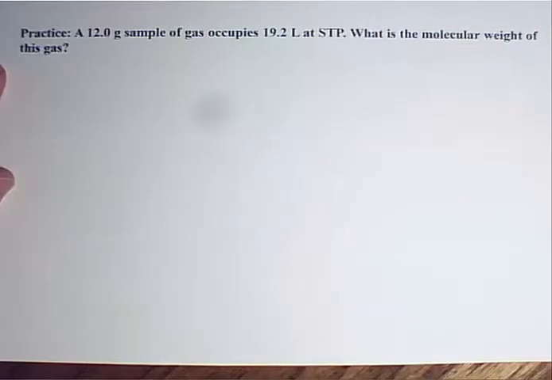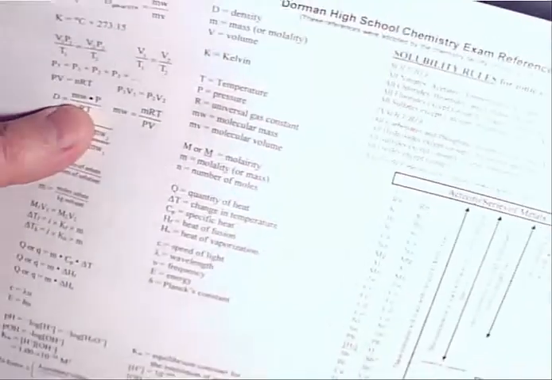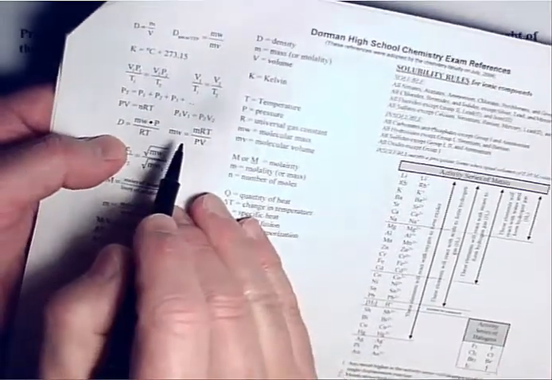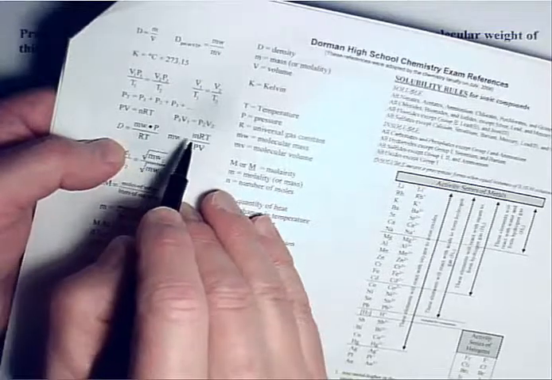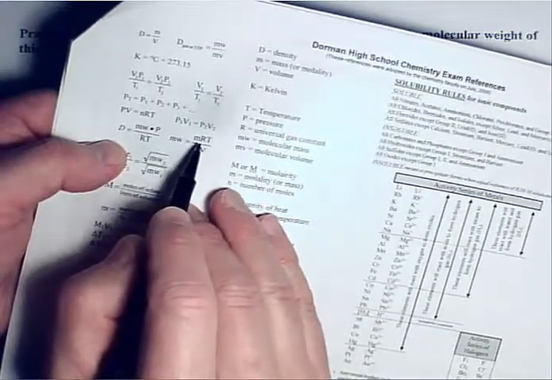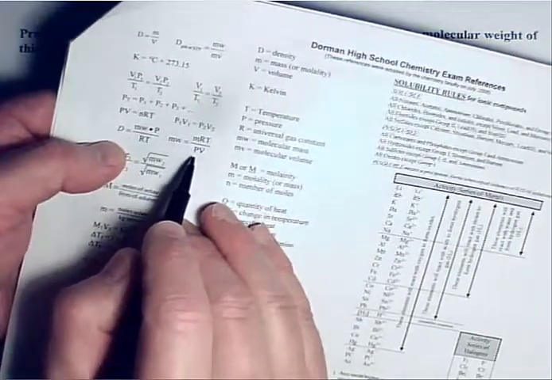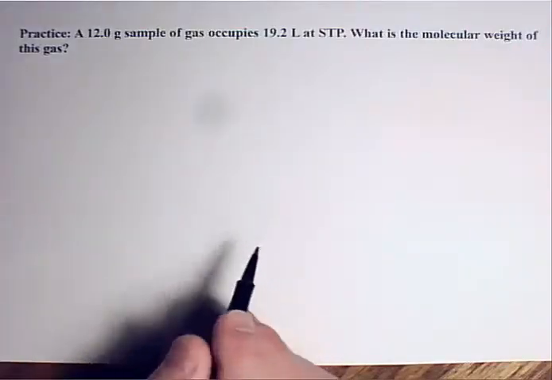So you could do that. All right, but we also have that derived version of the ideal gas law that simply allows you to calculate it in more direct fashion. It's the same thing. It's just set up in a slightly different way, where molar weight is equal to mass times the gas constant times temperature in Kelvin over pressure times volume.